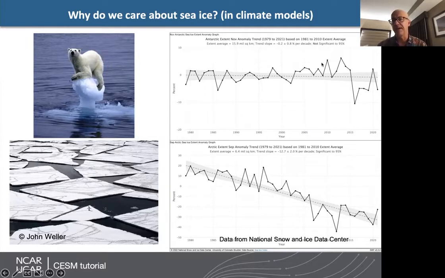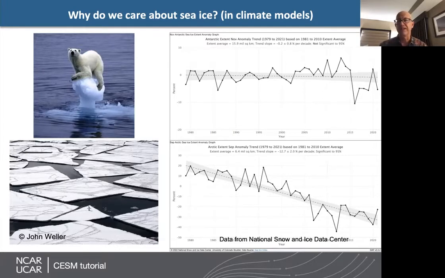Whereas in the Southern Hemisphere, what we actually see is that it's kind of flat, and arguably there's a slight positive trend in the Southern Hemisphere in terms of its ice area. That is at least until about 2016.